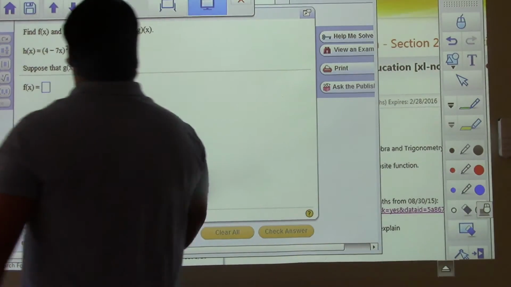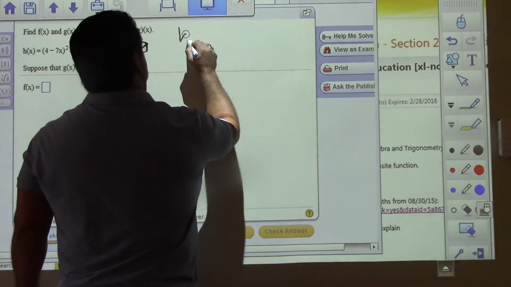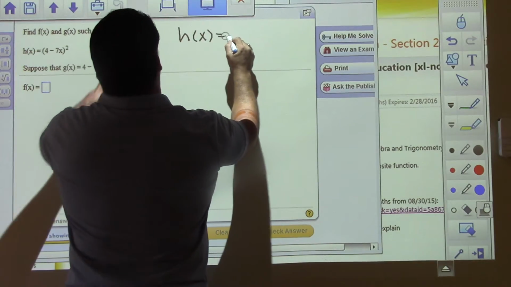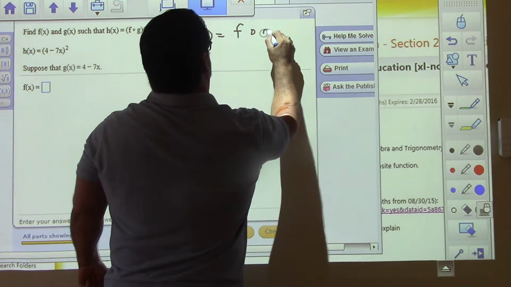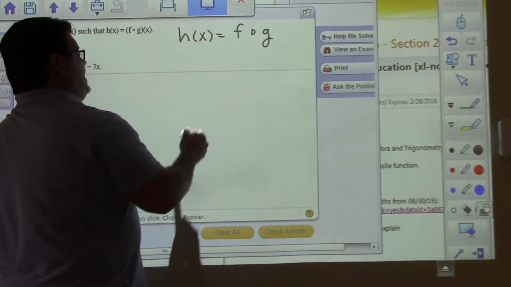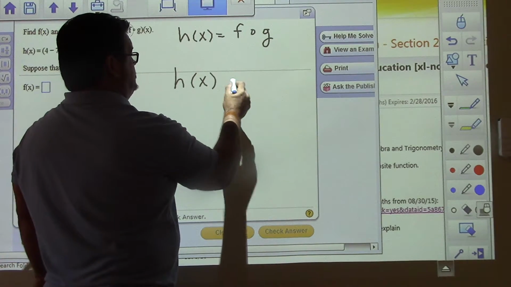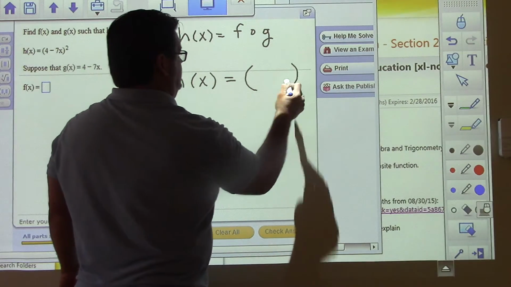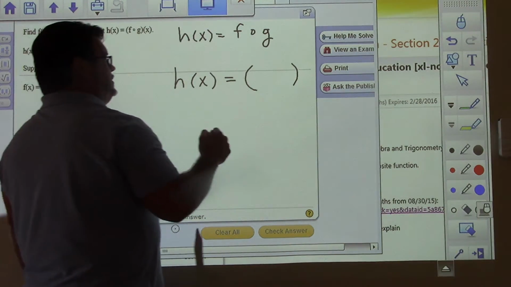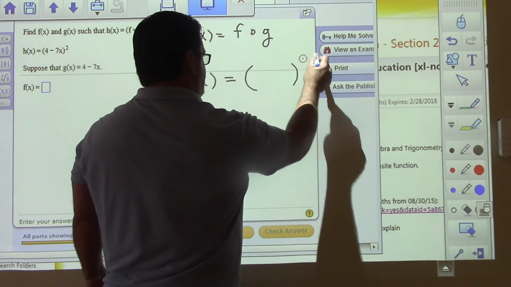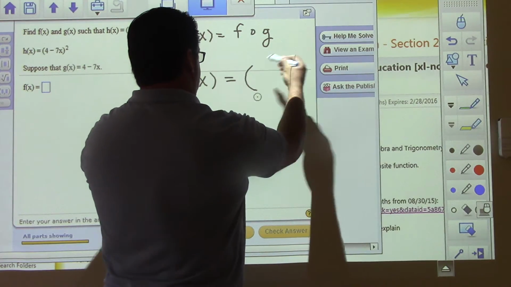Okay? h of x is equal to f composed of g. So that means h of x is equal to something in parentheses and then something raised to it, and then you take g of x and plug it in.